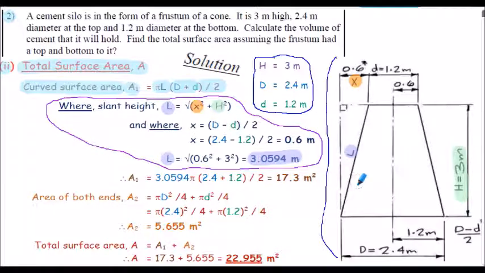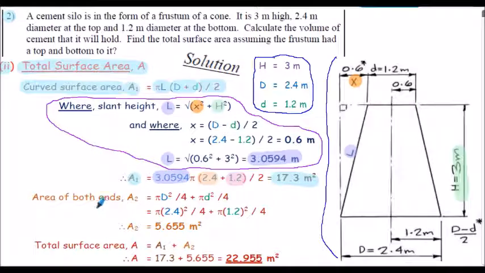We can now put that into this formula for A1, here it is, and inserting the large diameter and the small diameter into the equation, and evaluating, A1 is 17.3 meters squared. Calculating now the area of both ends, the area at the bottom and the area at the top.